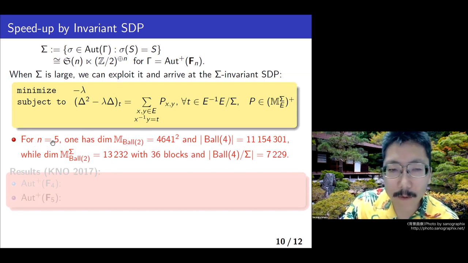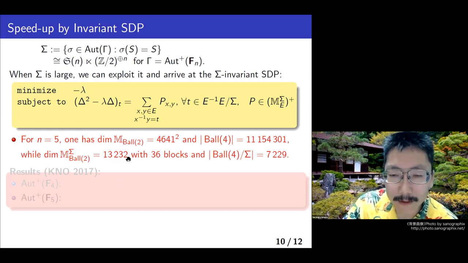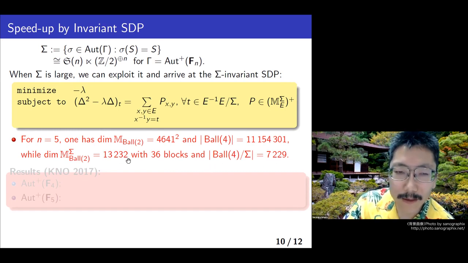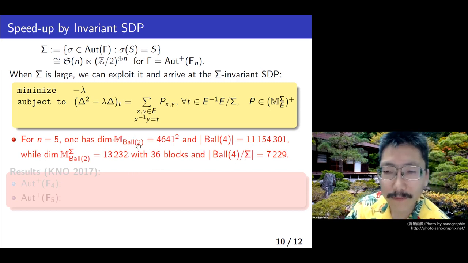For n equal 5, the size of the ball of radius 2 is this 4,600, etc. And the ball of radius 4 is like this number. But if you divide by symmetry, this is like 1,000 or 3,000 something. Symmetry, it really becomes smaller. And we were able to put this into the computer.